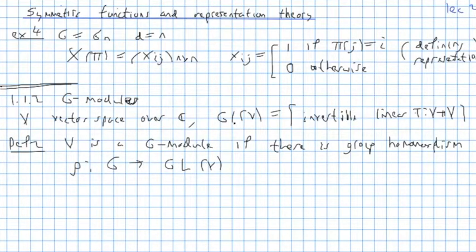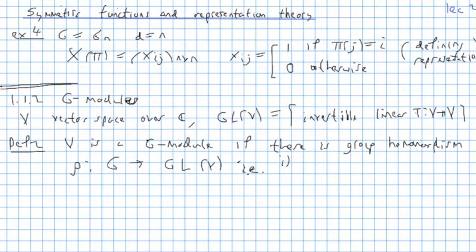This is what's called the general linear group of V. Now, group homomorphism is maybe a bit of a scary word. So what does that mean? This is equivalent to saying the following.